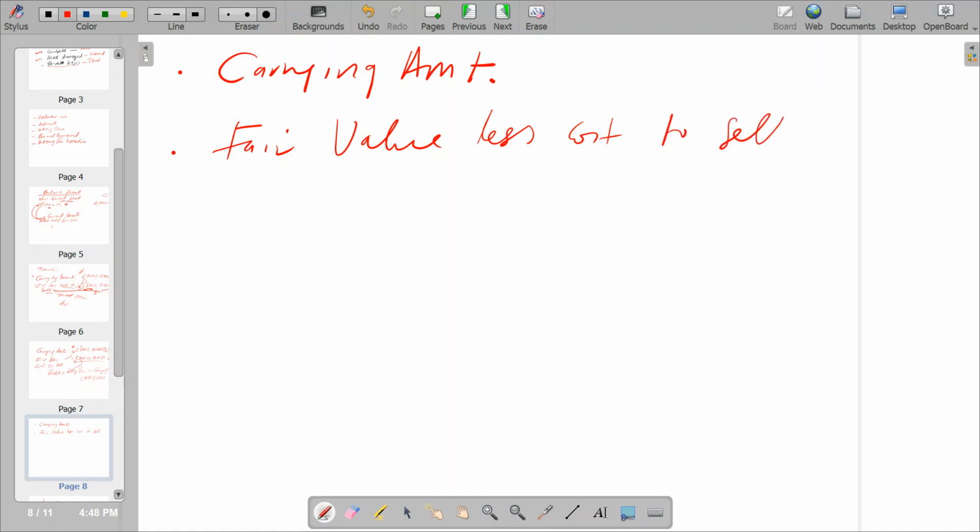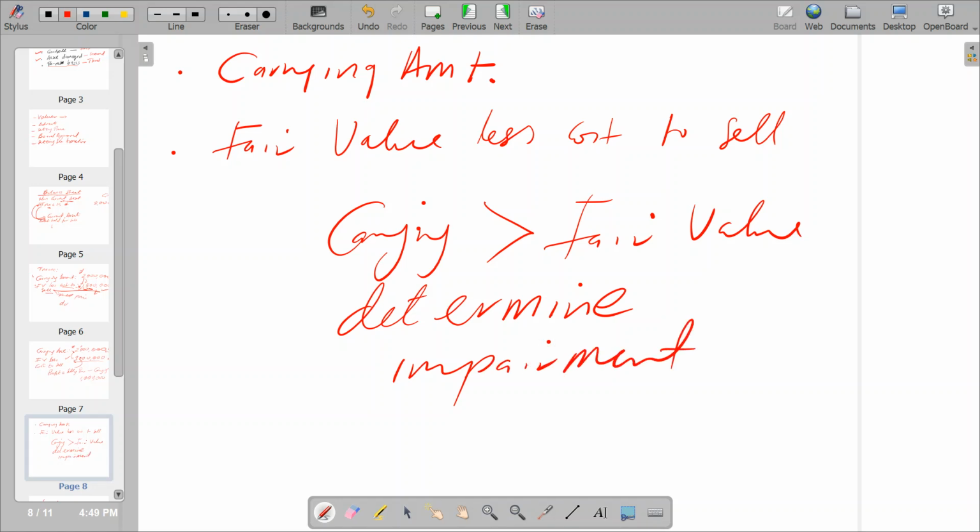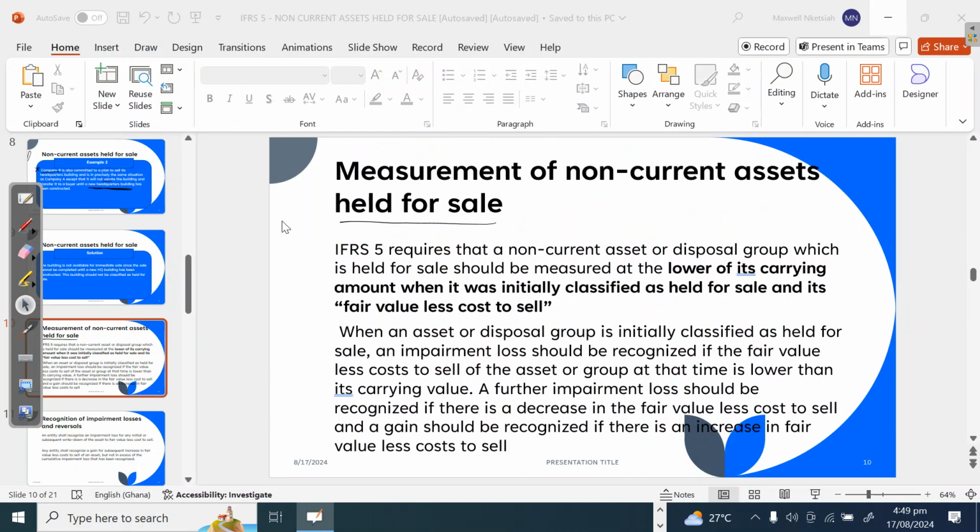We need to determine these two figures, and after that, we pick the lower. But if the carrying amount is more than the fair value, we have to go ahead and also determine the impairment loss on the asset. Alright, so that is how the standard is. Alright, so let's continue.